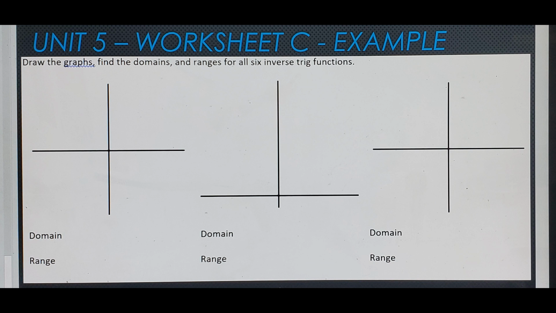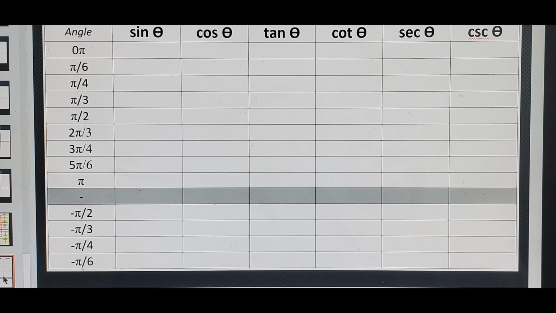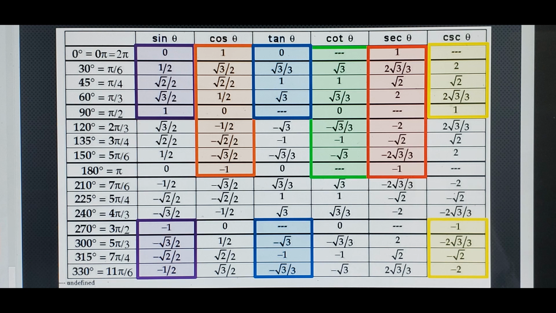But one thing I would highly suggest is this chart that I put in there for you. I would suggest you fill that out. Now, there is that gray line in there, and that gray line goes with 210 degrees, 225 degrees, and 240 degrees. As you can see, none of the trig functions use that area.